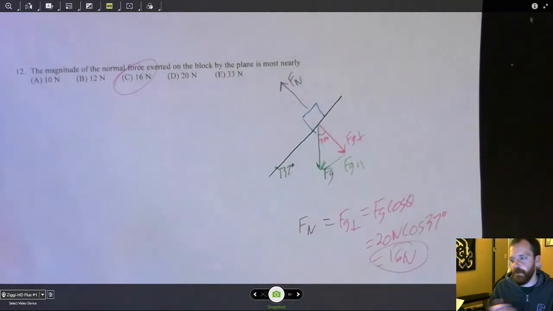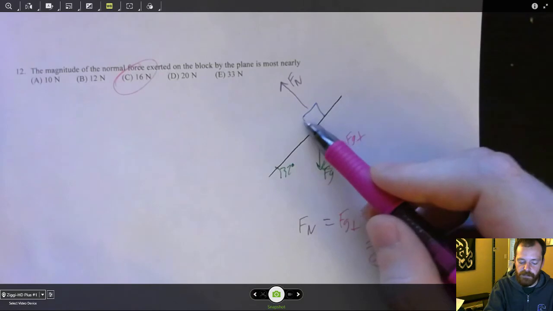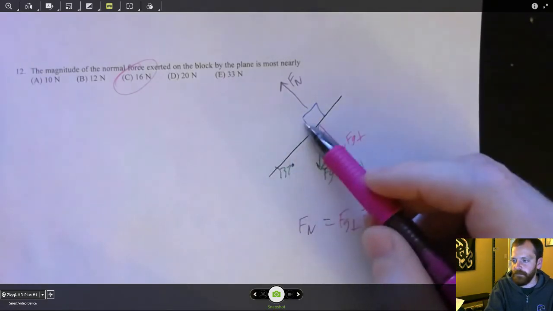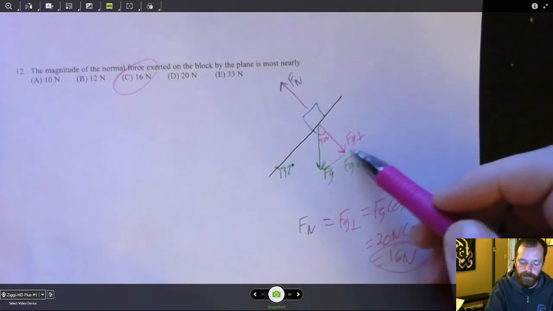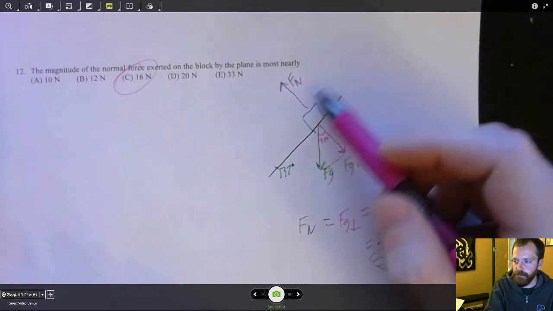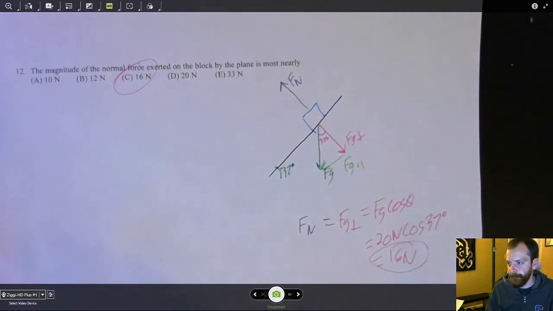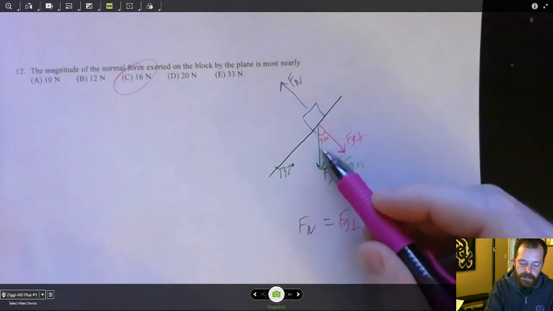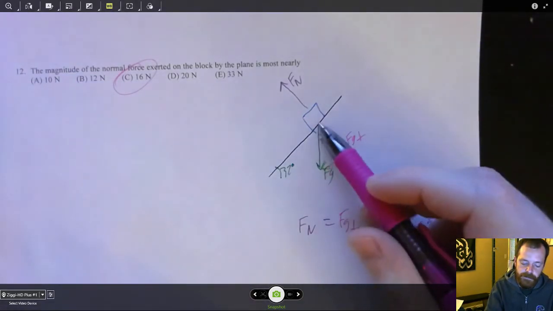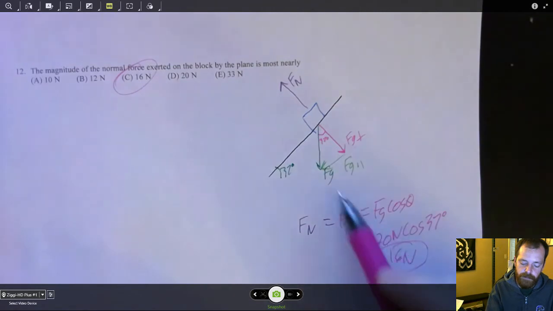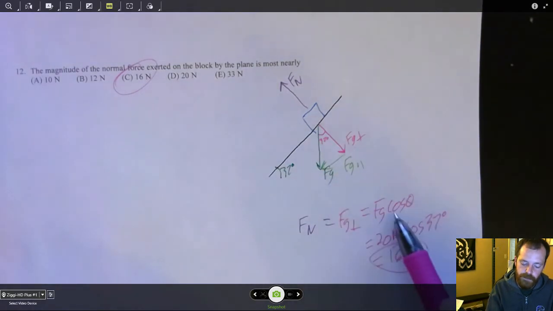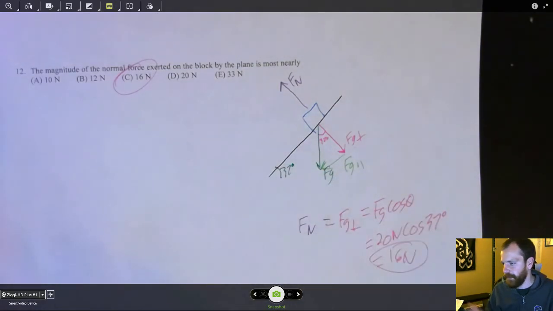Once again, I don't need to know anything about how fast it's actually accelerating up or down this ramp at all. I just need to understand that the perpendicular part of gravity has to be equal to the normal force because it's not accelerating off the ramp or down into the ramp. I also have to realize that angle is equal to that angle. This is the adjacent side, and I can find that by taking my hypotenuse, 20 newtons, and multiplying it by cosine of my angle.